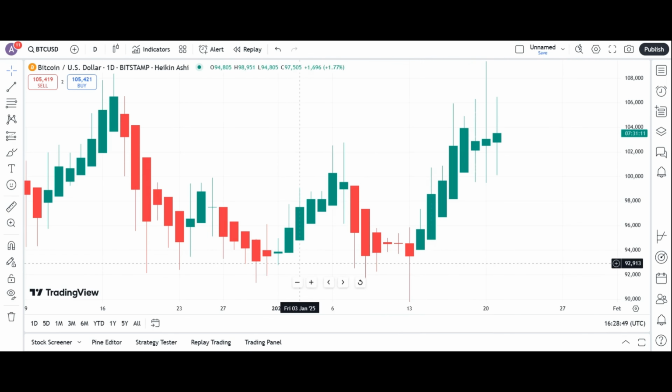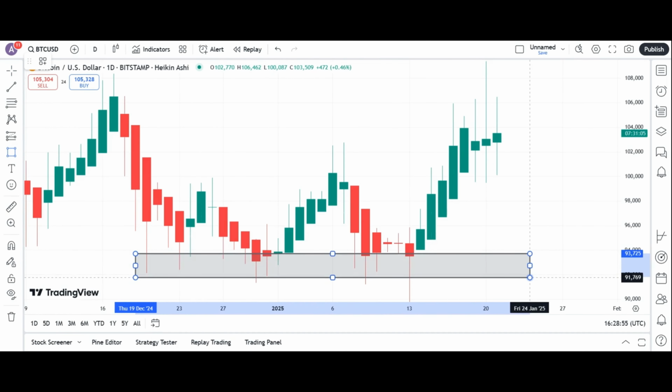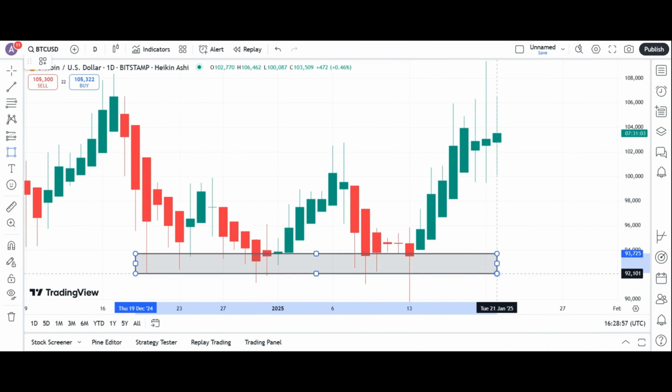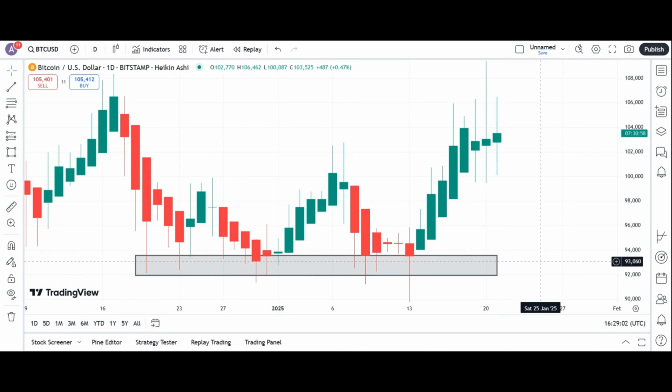For example, in this chart, let me use the rectangle. This area is approximately our demand zone, because whenever the candles come to this area, we can see that buyers are entering the market and the price increases after that.